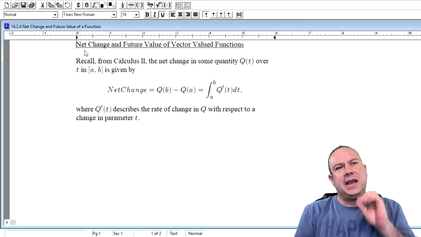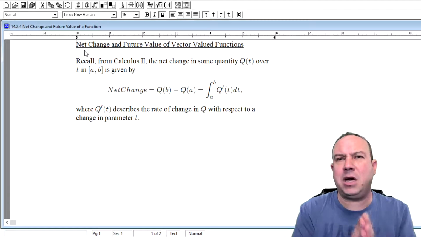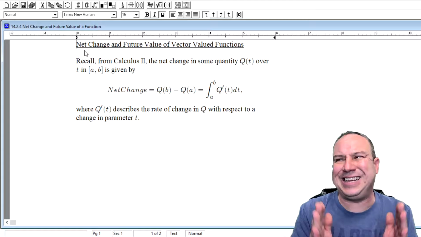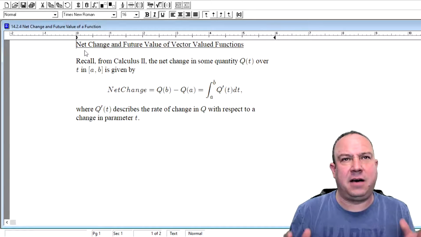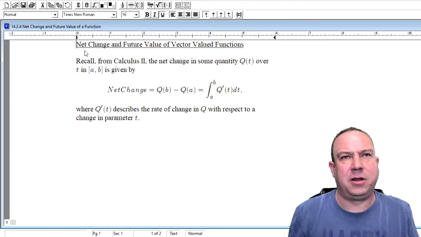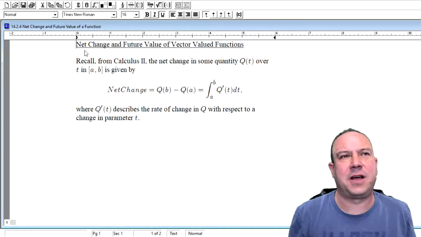The integral calculation can be used to figure out how much a quantity changes, its net change, over some interval of the independent variable. That's known as net change back in calculus.